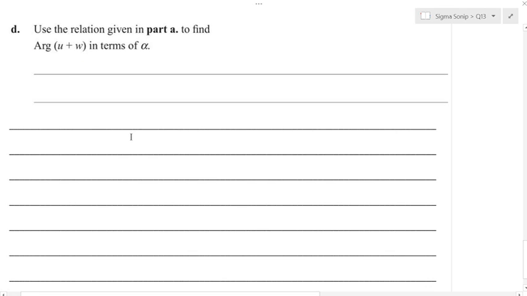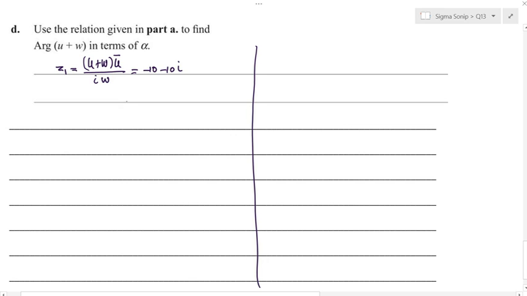So what we have here is, from part A we are given u plus w times u bar divided by iw. And from part A we know that this is equal to minus 10i, or I can write that as 10 root 2 cis minus 3 pi over 4.